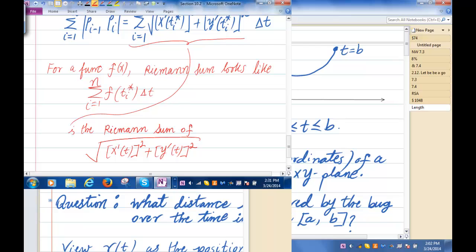You're evaluating the function at ti star multiplied by delta t. A Riemann sum is where you evaluate the function at ti star multiplied by delta t, right? So that's the function. So this is the Riemann sum of this function, and we know that what's the limit of the Riemann sum?